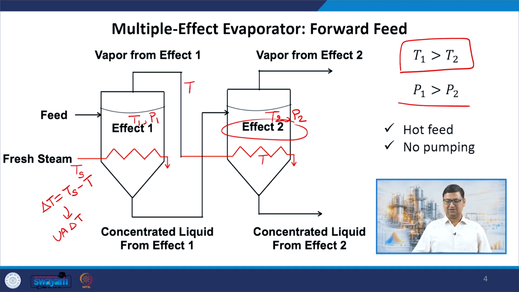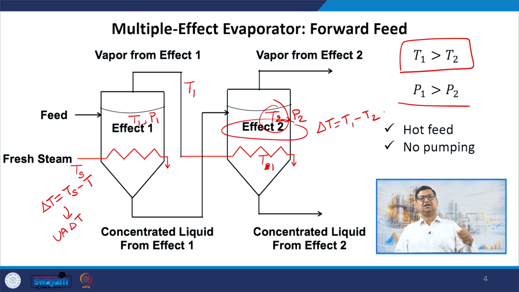And as a result, the boiling point will be T2 here, which will be less than T1, right? So subsequent effect is operating at a lower boiling point, right? And now this is T1 and this is again T1. So now we have a delta T, T1 minus T2, that is positive, and now still heat exchange can take place, right? So that is one of the very important ideas.